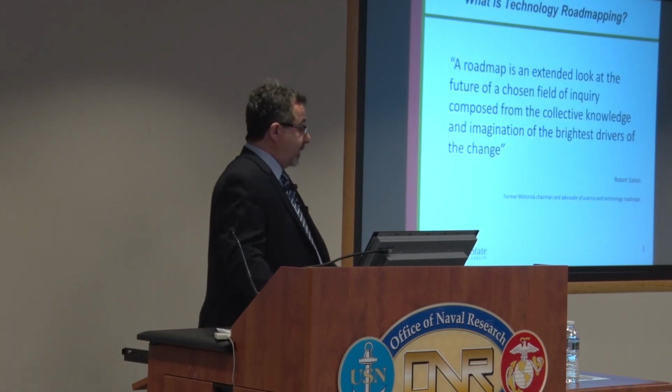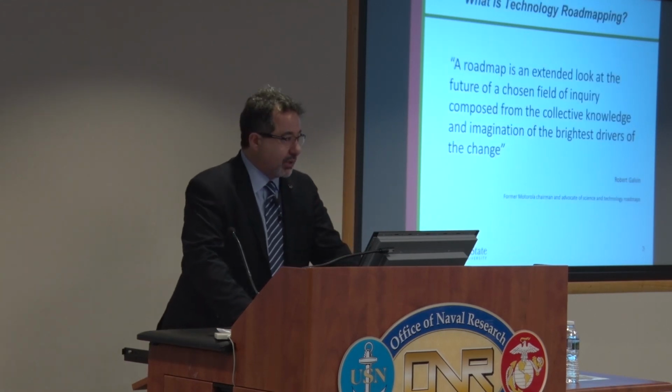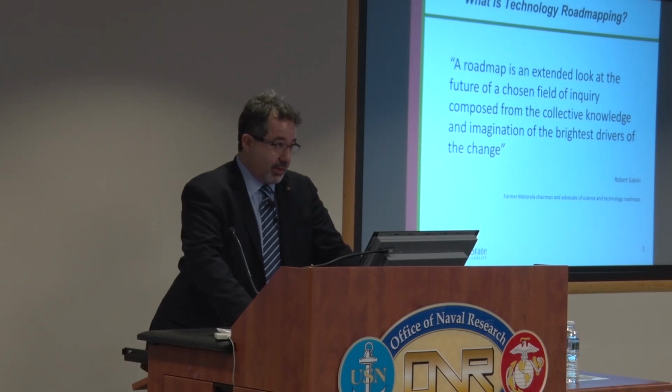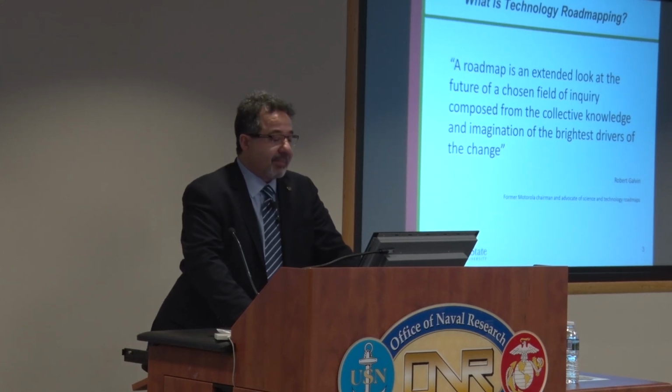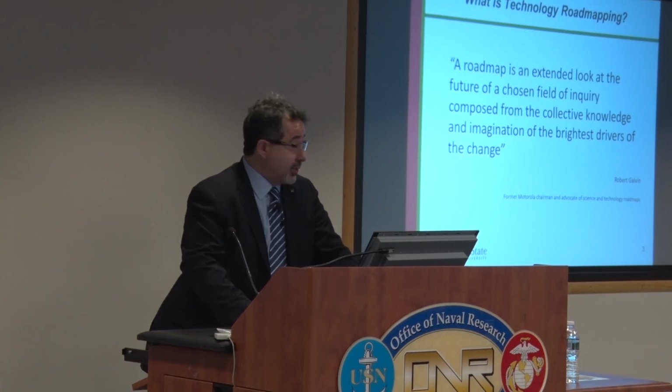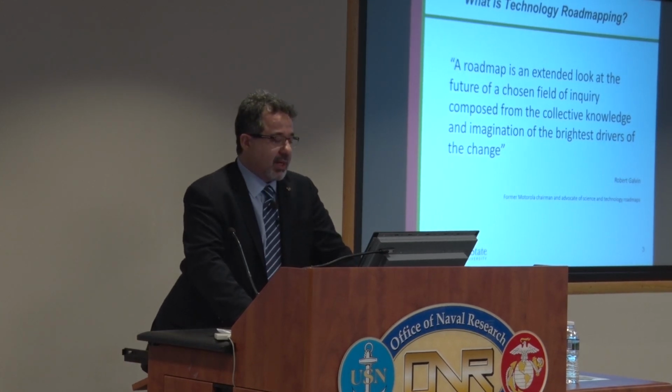So the roadmap is a tool that was developed according to the literature in Motorola. However, we are very familiar with the companies actually keeping processes secret. And when I was at Intel, over about 20 years ago or so, we were using these methodologies as well as other methodologies.